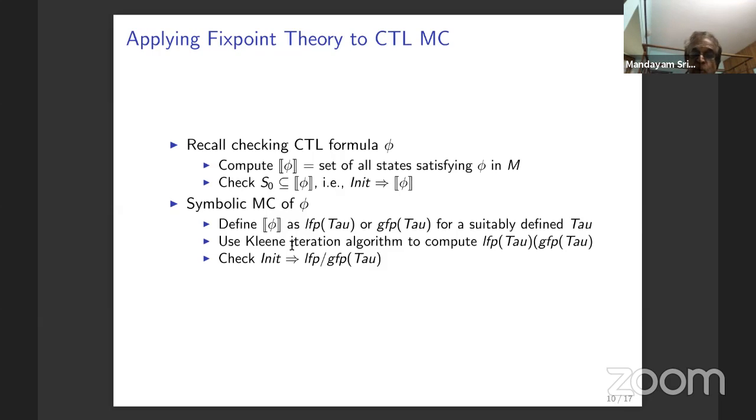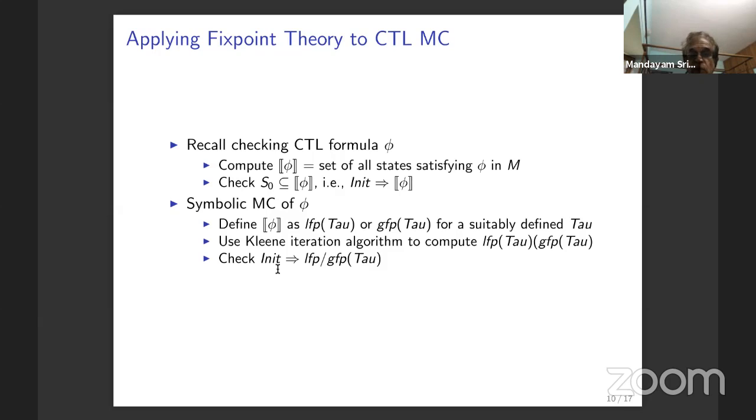I should have added the adjective monotonic, that's important: a suitably defined monotonic tau. Once you have it to be monotonic, since we are dealing with only finite state systems, monotonicity also guarantees continuity. And therefore, you can use Kleene iteration as the basis for computing LFP and GFP of tau.